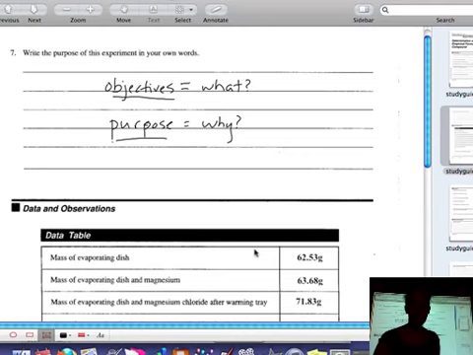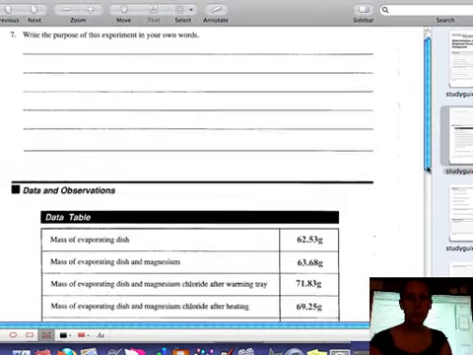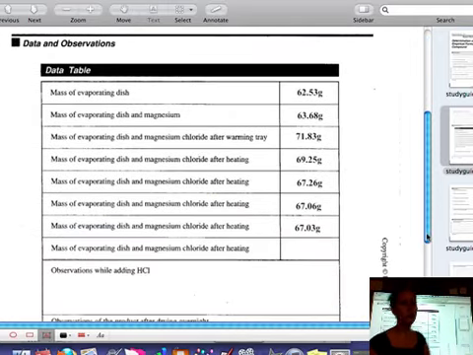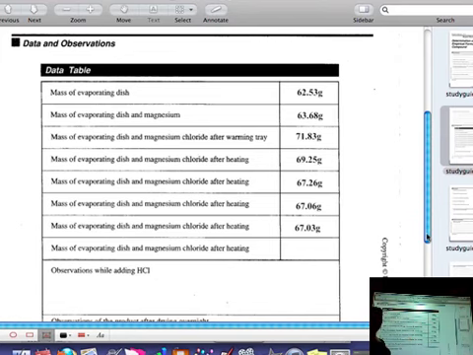Okay, moving on a little bit. Let's look at data. So you guys should have filled in some data, something like this. This is my data from my experiment. So I took the mass of the evaporating dish before, when it was dry and clean, so that I could get the mass of magnesium later.